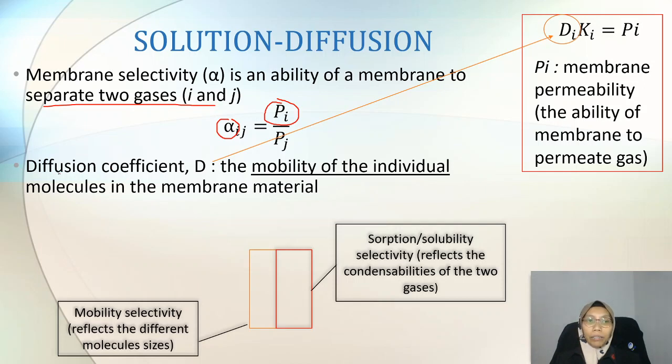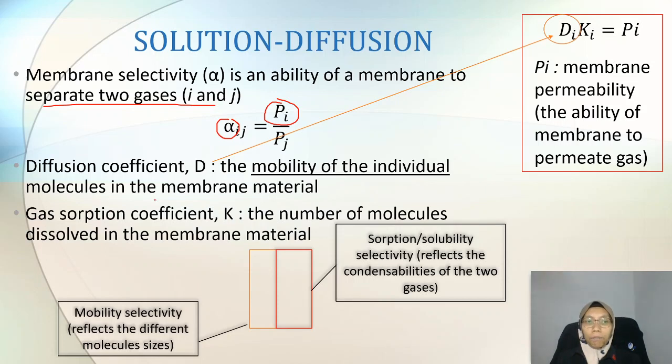We are talking again about the diffusion coefficient, which measures the mobility of individual molecules in the membrane material. Meanwhile, the sorption coefficient measures the number of molecules dissolved in the membrane material.